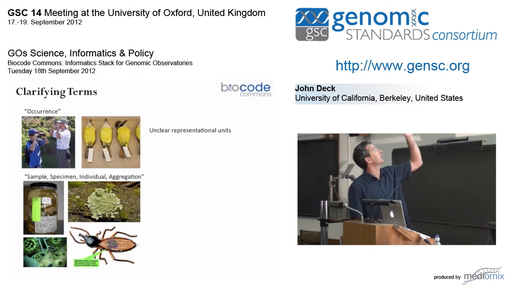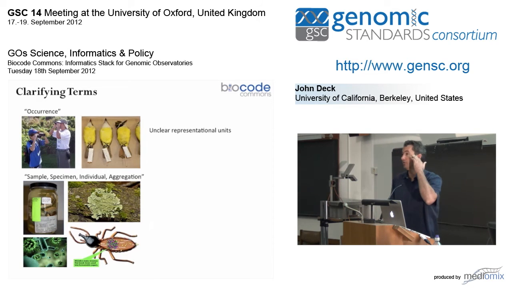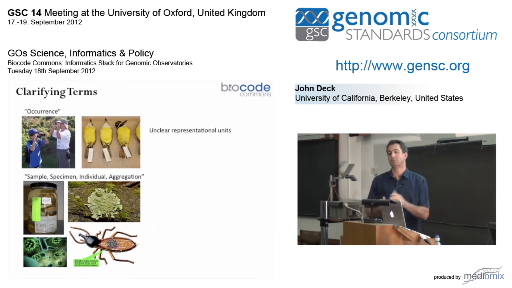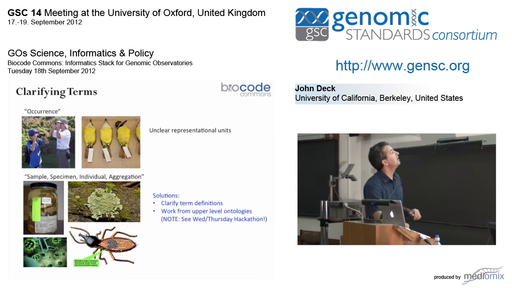The top example, occurrence, is a word that is used in the Darwin Core vocabulary. It can mean simultaneously an observation of something in nature, so there are bird watchers up there, or it can also mean a specimen sitting in a drawer that has been accessioned into a museum. So calling them both occurrence might be a little bit unclear, misleading.